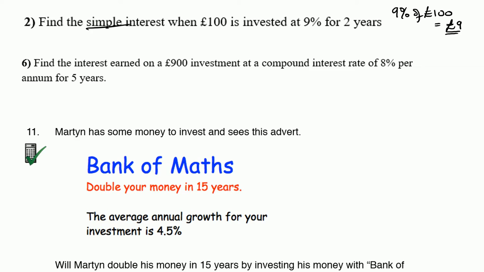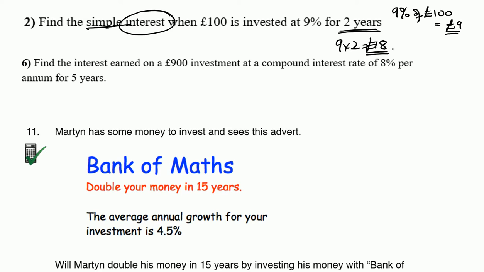And she's getting £9 every year for 2 years. So she's getting 9 times 2, £18 for those 2 years. That is the interest she's getting. The total value of her bank account would be £118, but this question only asks for the interest, so we're just going to say the £18 extra.